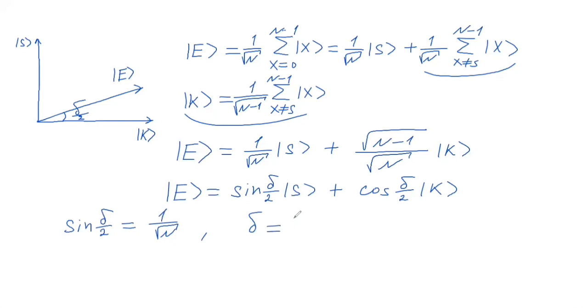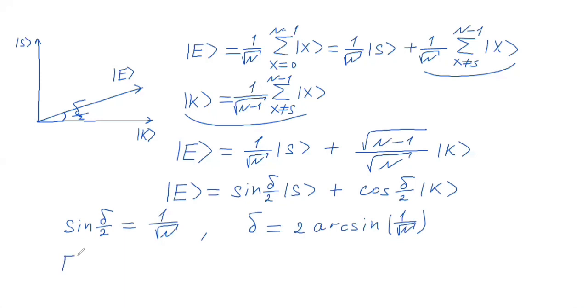And from here we get an exact expression for angle delta, which is equal to 2 arcsine of 1 over square root of n. For large n, when the search space is large, we can simplify it and write it in a simpler form.